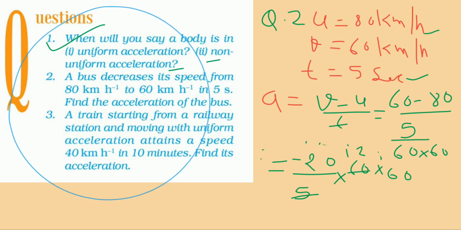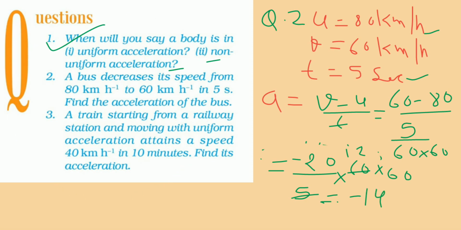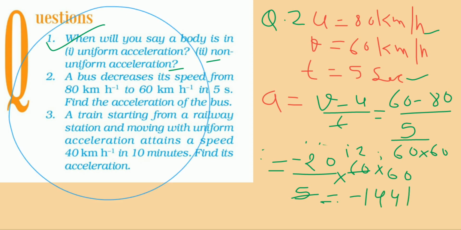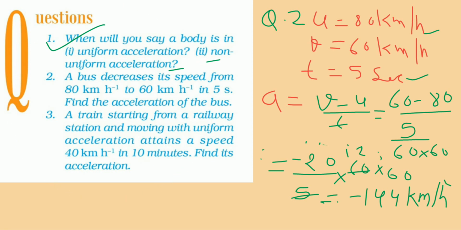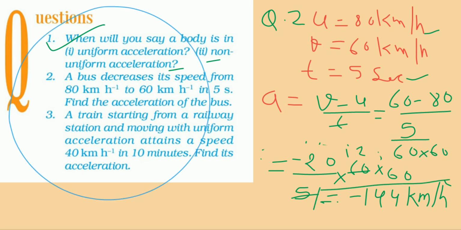We can cancel it. Now what is the answer? Our answer would be negative 12 into 12, what will be the multiplication? 144 kilometer per hour square. Okay, this would be the negative acceleration, that means retardation.